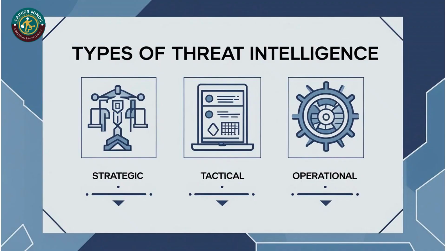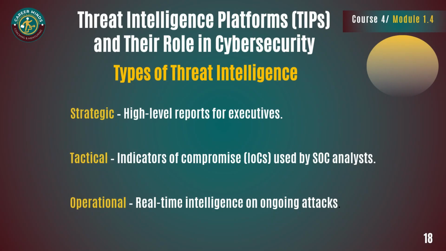Let's now look at TIPs, which are threat intelligence platforms, and their role in cybersecurity. Threat intelligence platforms, what are they really about? These tools gather real-time data about attackers, their methods, and indicators of compromise. They do that to stop threats even before they arrive. There are types of threat intelligence that these tools work with.